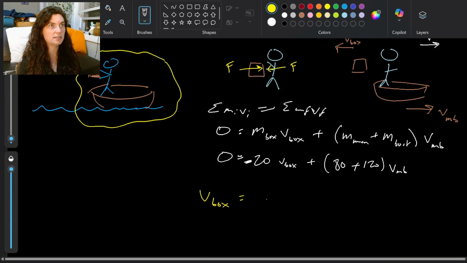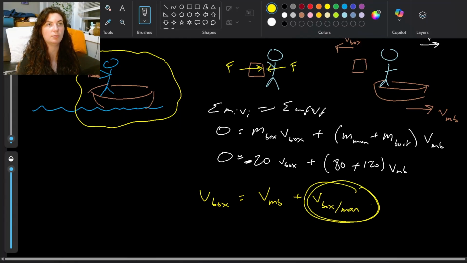Velocity of our box is going to be velocity of the man and boat, plus the velocity of the box with respect to the man. Right? So we know this term. This is the term that was given to us. He can throw the box at 4 meters per second when he's standing on the ground. So this is our 4 meters per second term.